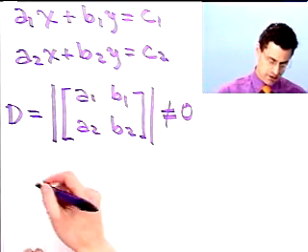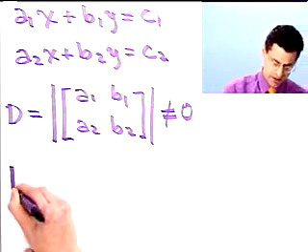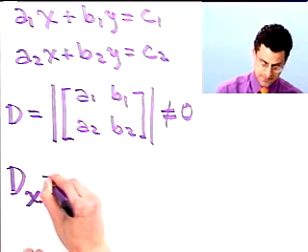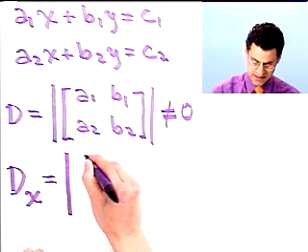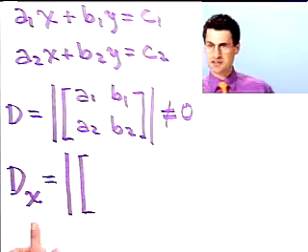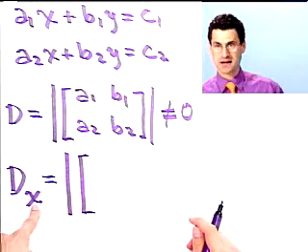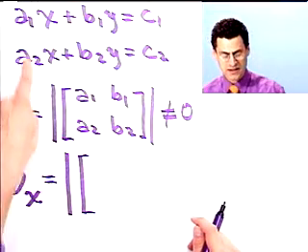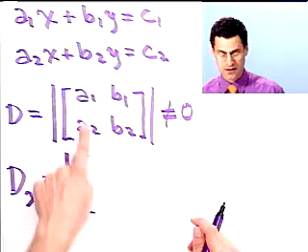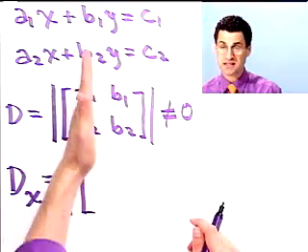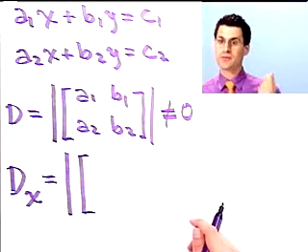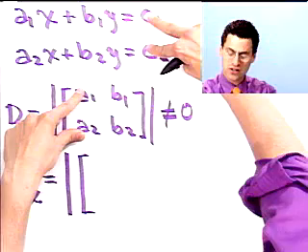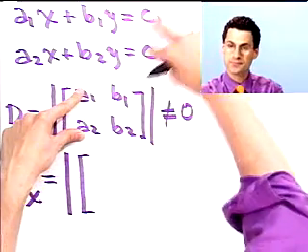The second determinant I want you to compute is the following. I'm going to call it D sub x. And it's still a 2 by 2 matrix, and here's the recipe, and here's why it's called sub x. You take these terms here, in the x column, and you remove them, and instead insert these 2 things.